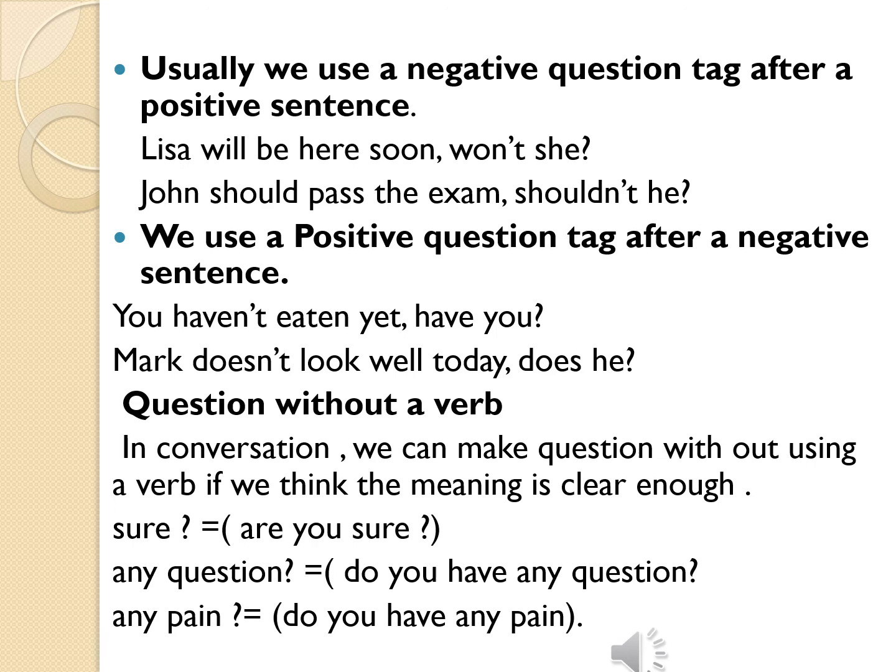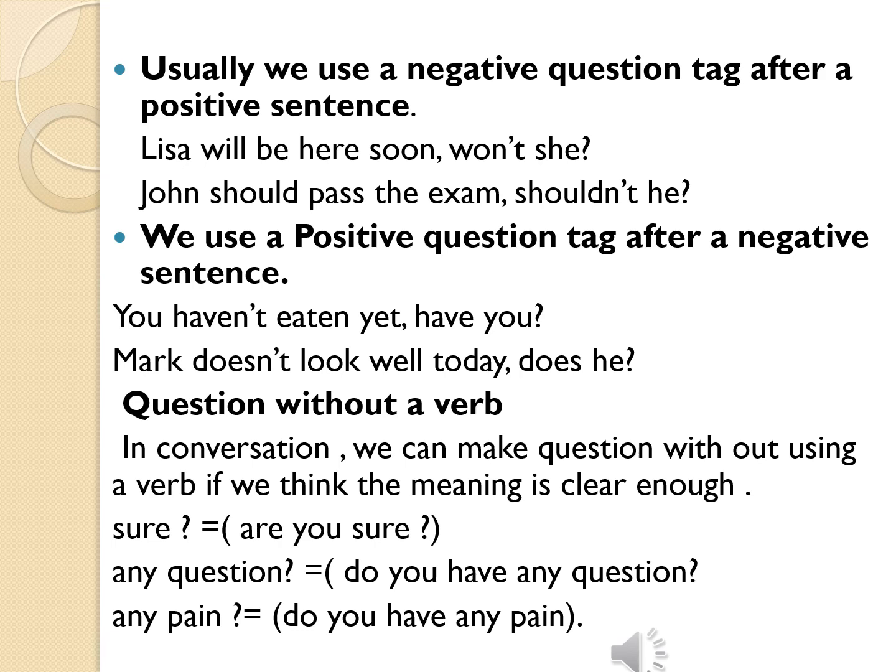For example, you haven't eaten yet, have you? Another example, Mark doesn't look well today, does he? So, we use a negative question tag after a positive sentence, while we use a positive question tag after a negative sentence.